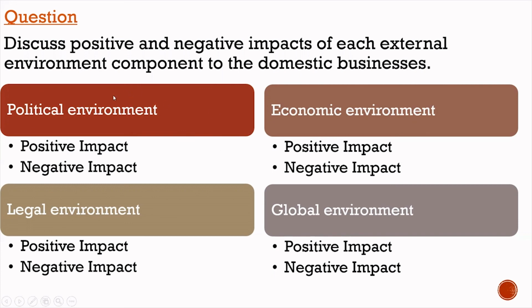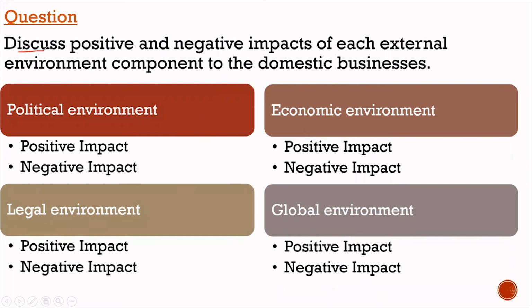So then you have to talk about all the factors. If it is the political environment, you write about it and the positive impact and the negative impact. If it is the economic environment, one or two positive impacts and one or two negative impacts. You have to write both, right? Always, if you have a long question, find the key areas which you have to write.